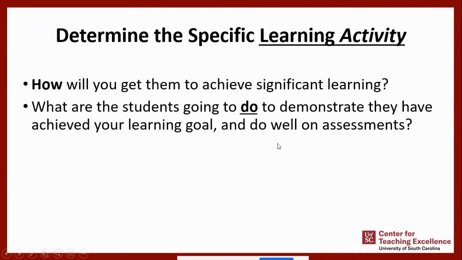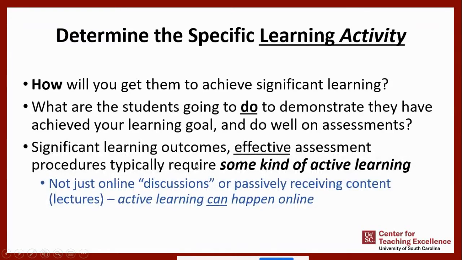So it's done in class, it's done online. But these effective assessment procedures do typically require some type of active learning if it's to be successful. Things like online discussions or just passive lecturing is not active learning, is not a good way for students to actually get and learn and apply the content.